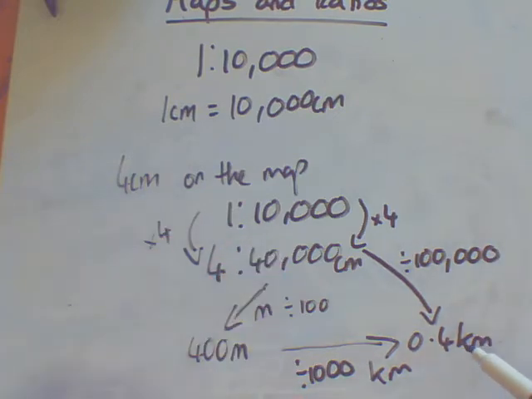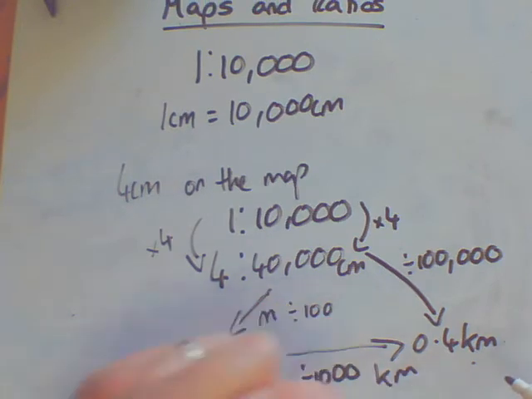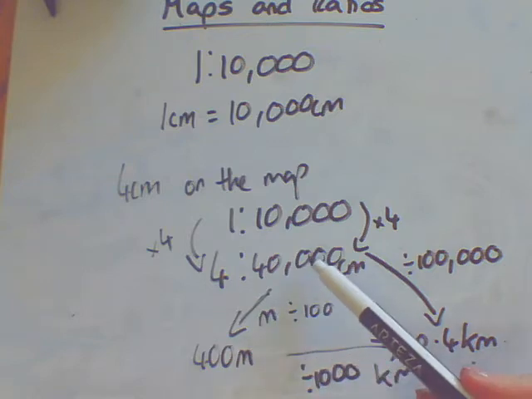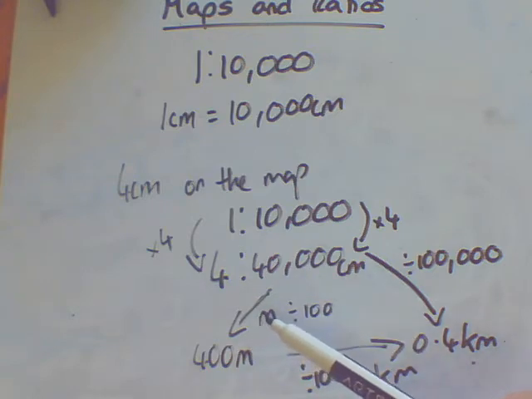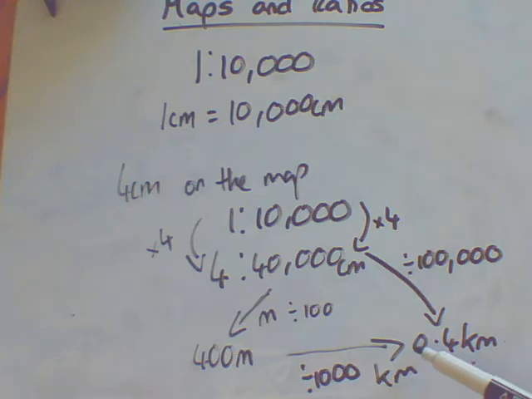So you can either go into metres and then into kilometres, or you can go from centimetres straight to kilometres. I personally normally use this route. The reason is I know how to convert centimetres to metres, I know how to convert metres into kilometres. So I'm using knowledge I already have, whereas this is a new piece of knowledge.